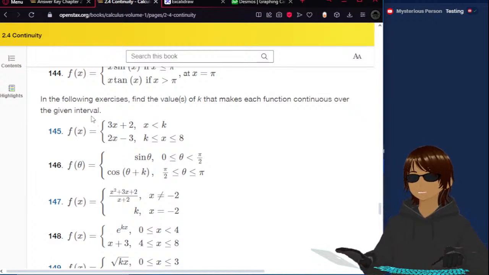Find the values of k. 3x plus 2, x is less than k. If I do k is equal to 1, it should be continuous, right? No. I need to find a value where these two are equal.